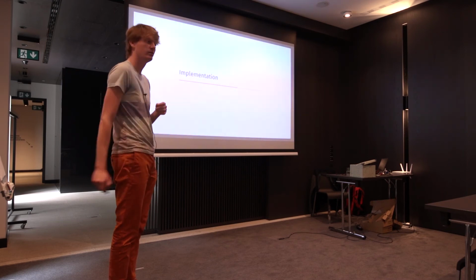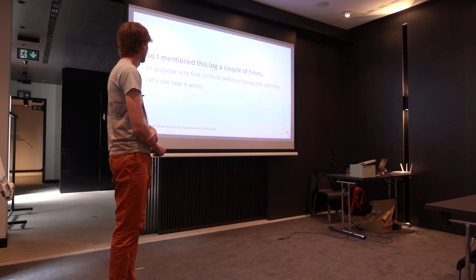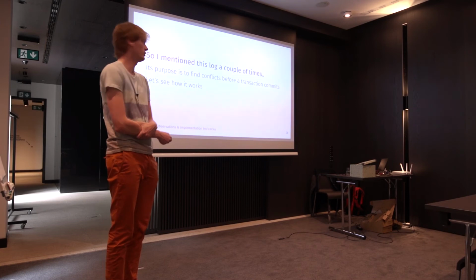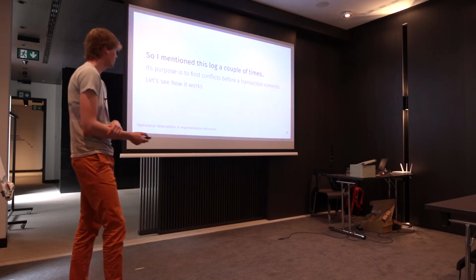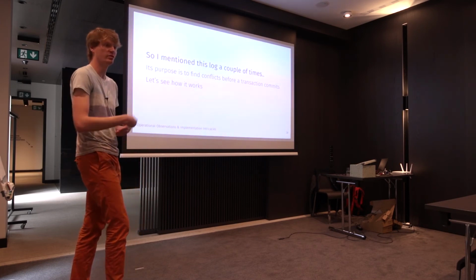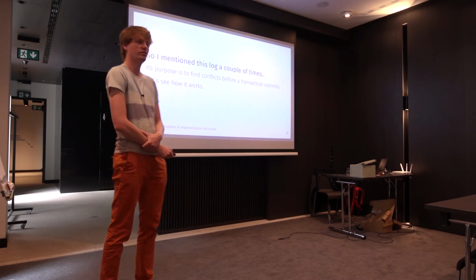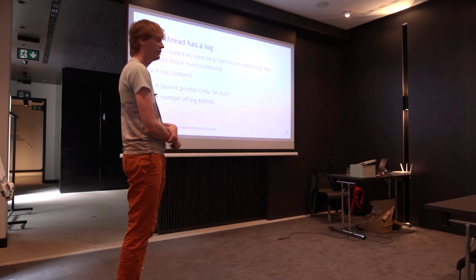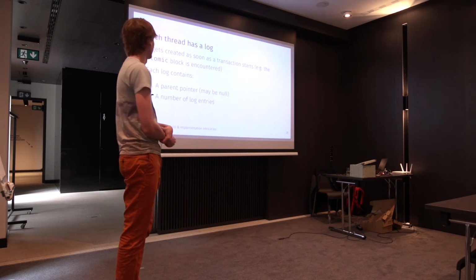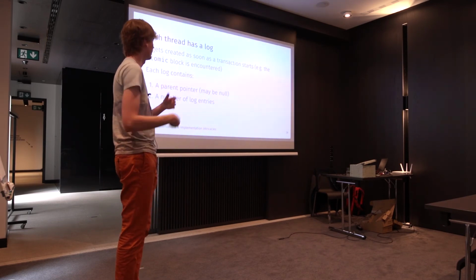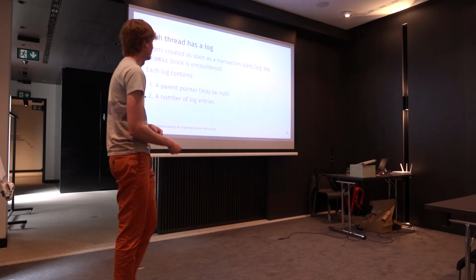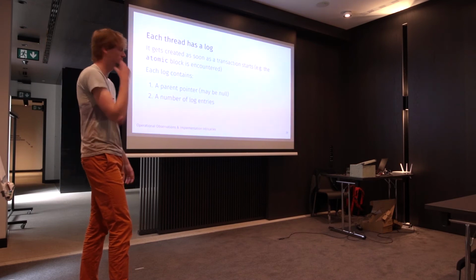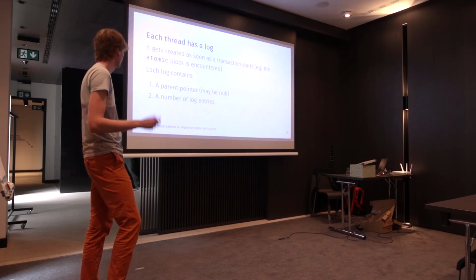Let's do implementation. I mentioned a log of access to TVARs a couple of times, and its purpose is to find conflicts before transactions commit. I haven't mentioned how it works, and that's this part. Each thread in this runtime has a log. It gets created as soon as a transaction starts, so when the atomically block is encountered.